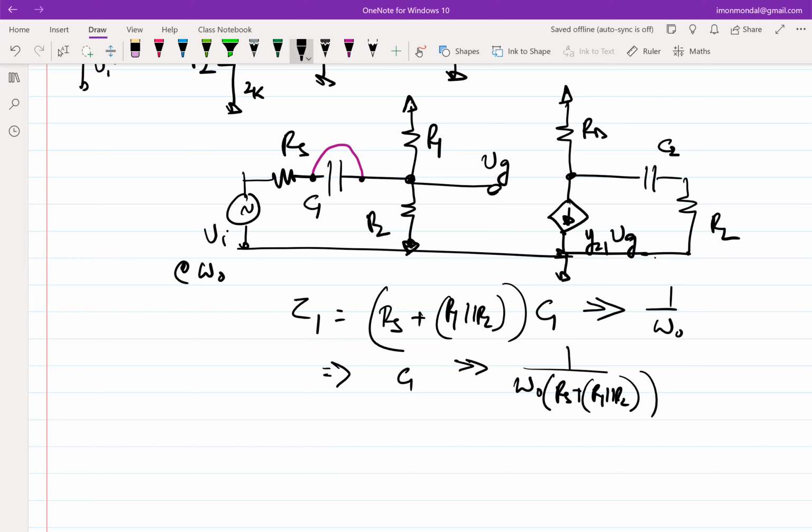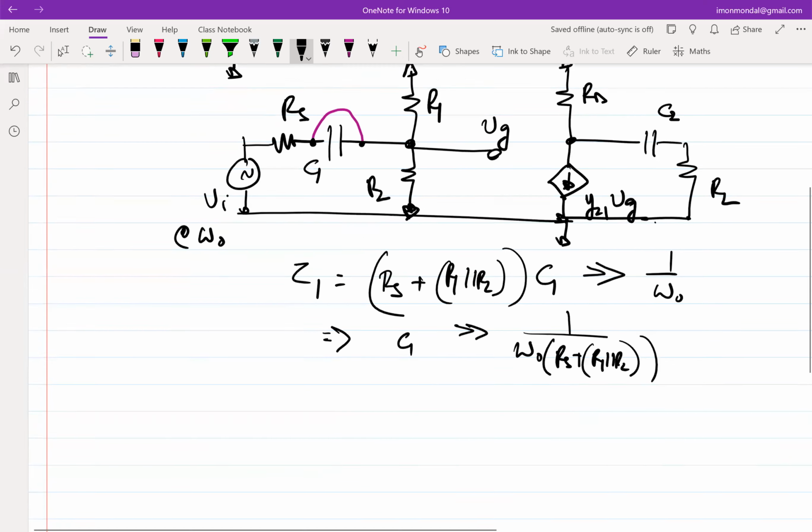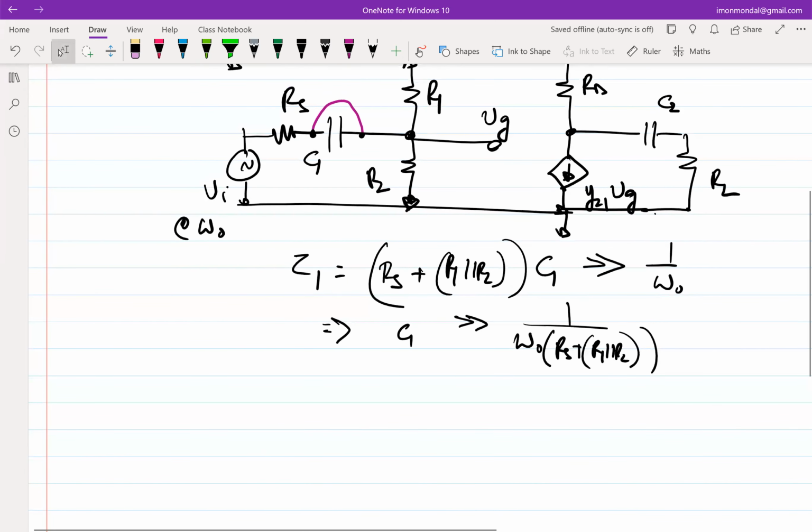So only ensuring C1 is short circuited, is it fine, or do I have to ensure something else also? Right. So R1 parallel R2 should not load the input side, right? So the capacitor anyway doesn't come into the picture anymore because we have sized the capacitor so that it's a short.